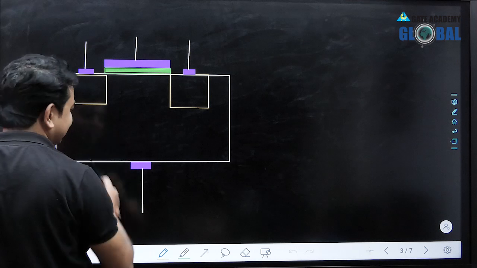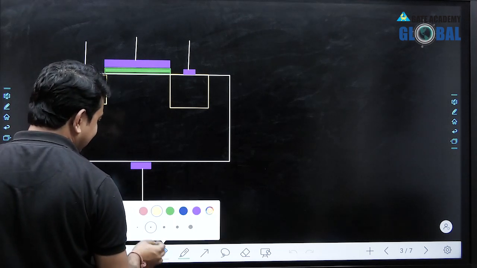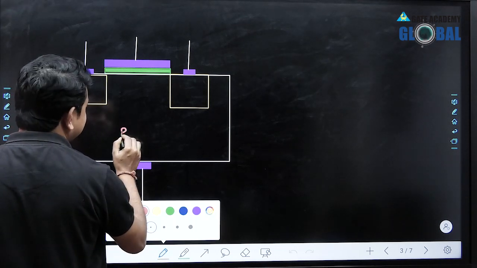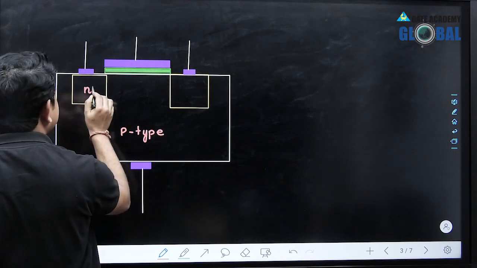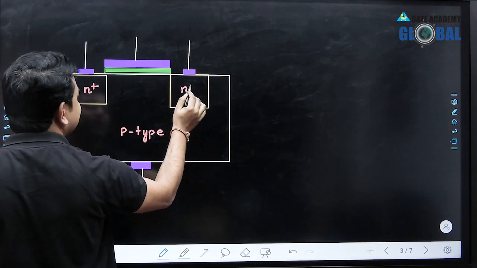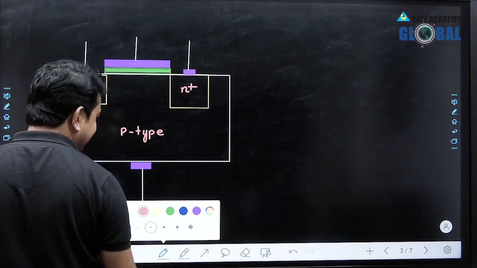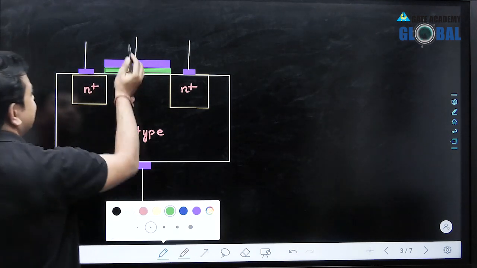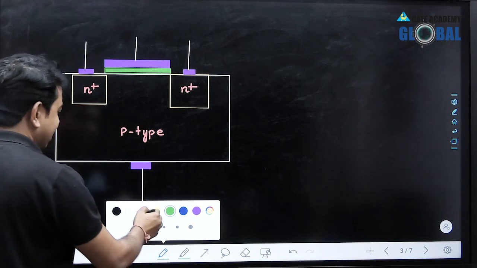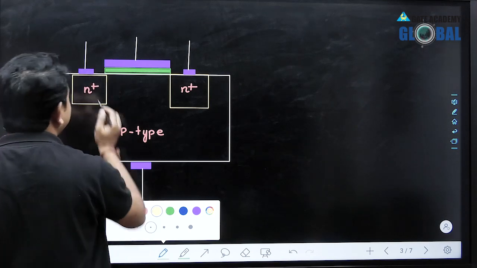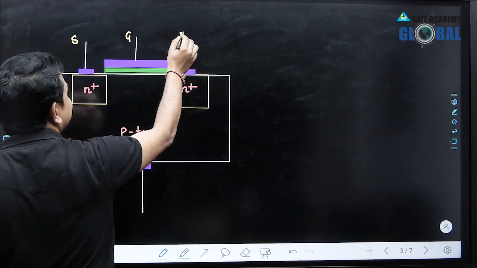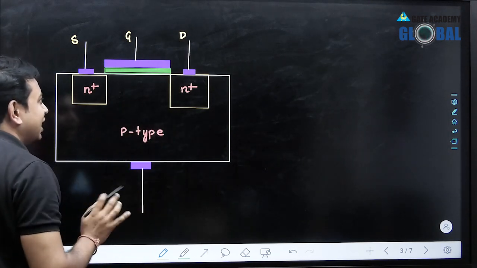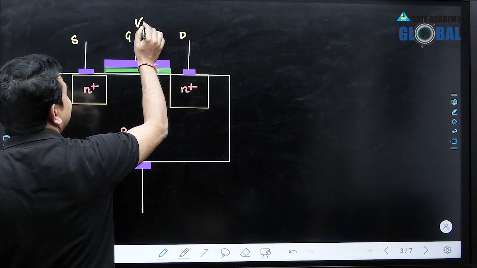Here is the same MOSFET, and suppose this is a p-type substrate, and we have an n plus region on each side. Initially, during the fabrication process, without applying any gate voltage, this particular terminal is the source terminal, this is the gate terminal, this is the drain terminal.